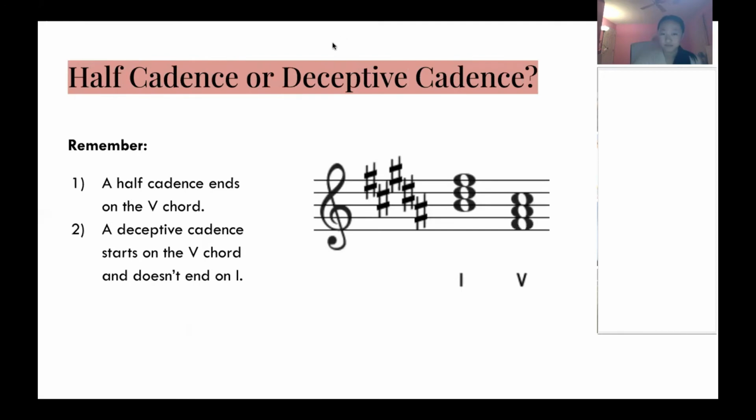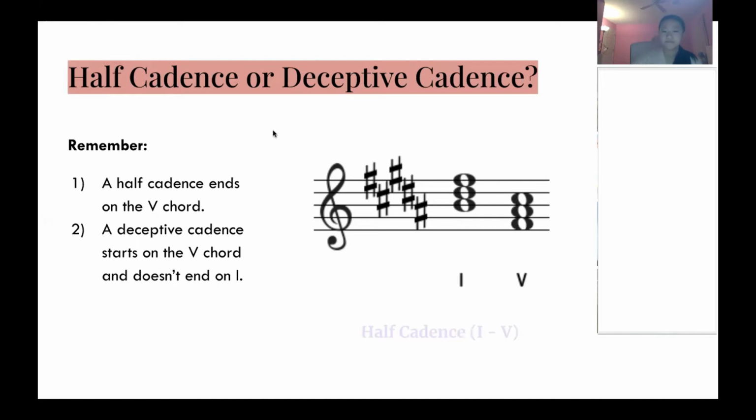Okay, so with this example, you're going to tell if it's a half cadence or a deceptive cadence. So remember that number 1, a half cadence ends on a 5 chord, and number 2, a deceptive cadence starts on a 5 chord and does not end on a 1 chord. So, can anyone tell me what type of cadence this is? Half. Yeah, it is a half cadence.